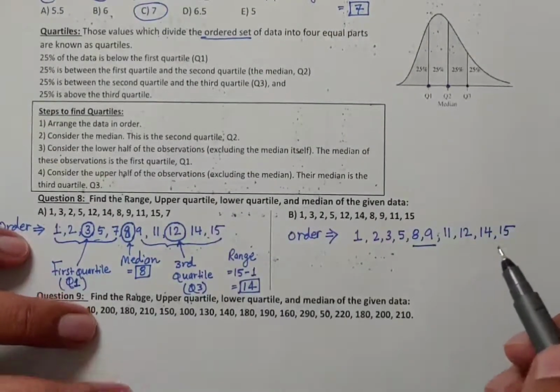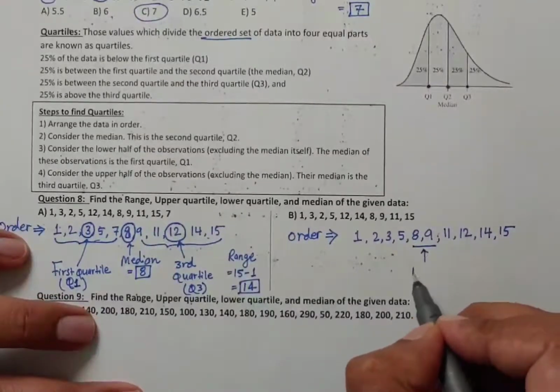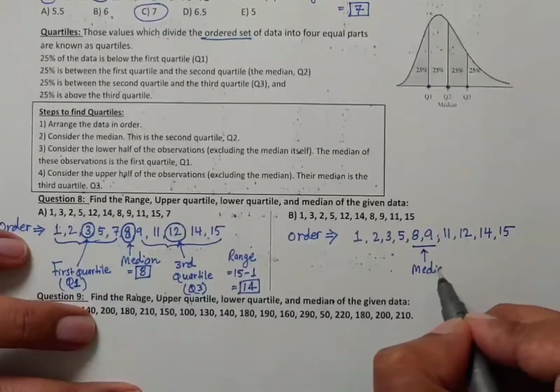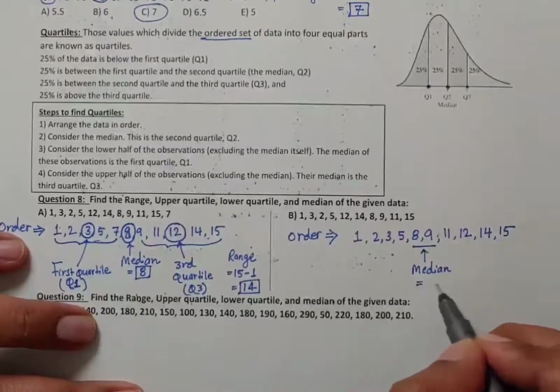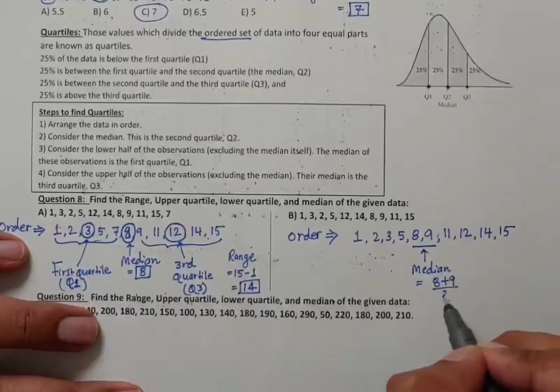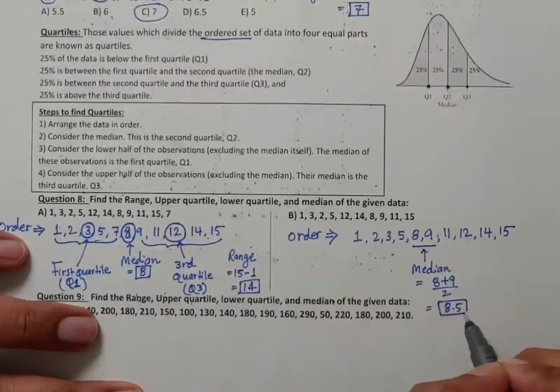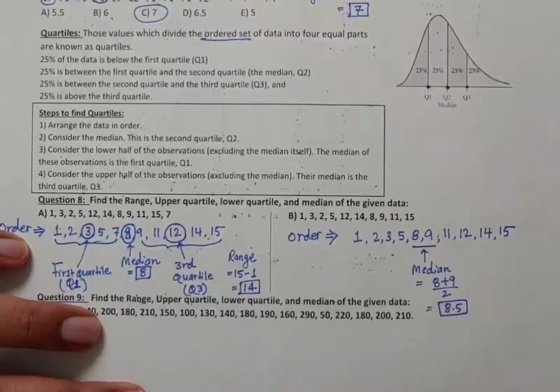So how do you find the median? You do 8 plus 9 divided by 2. So this is 8.5. This is the second quartile.